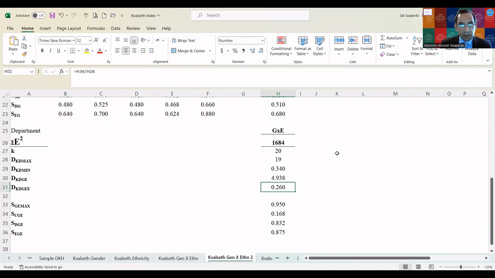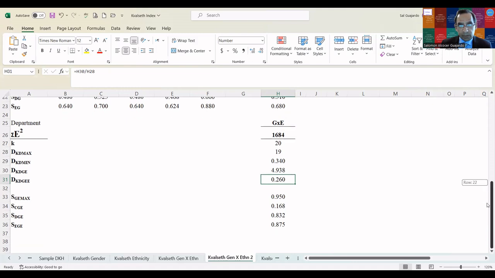When I divide the 4.938 by 19, that gives me a value of 0.260. Again, compare that to the Simpson standardized score of 0.875. The Simpson index generates a higher standardized score.